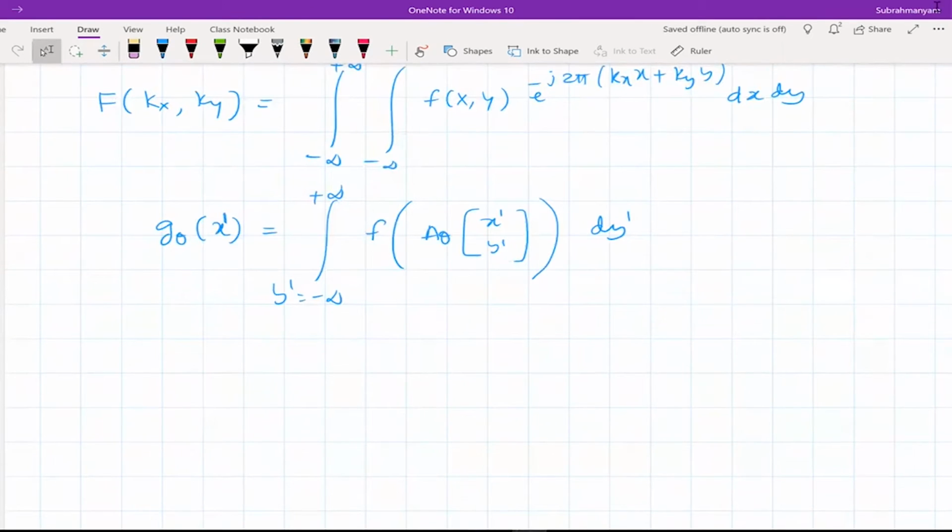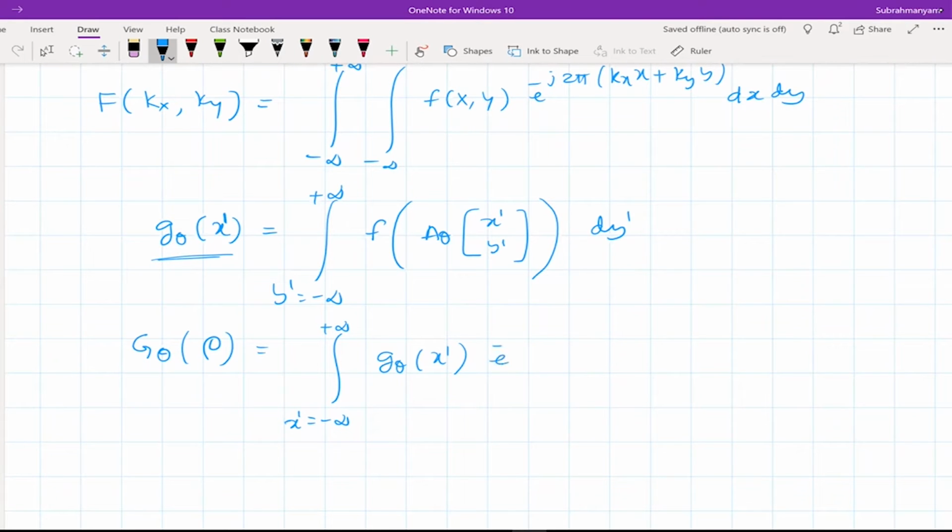Now, how do you write the expression for the Fourier transform of it? G theta of rho is equal to, let's say I want to write it in terms of g theta of x prime. What is the variable here that I need to vary? X prime, varying from minus infinity to plus infinity, times what should I get here?